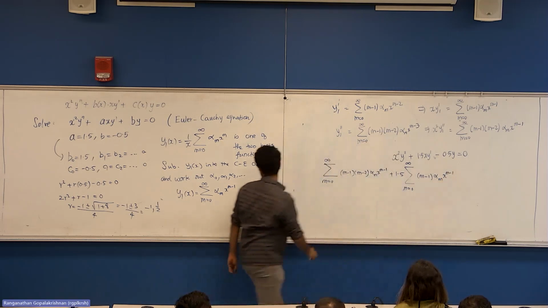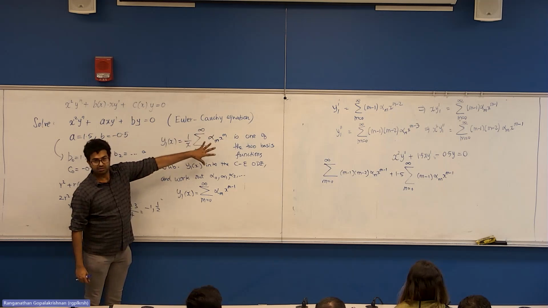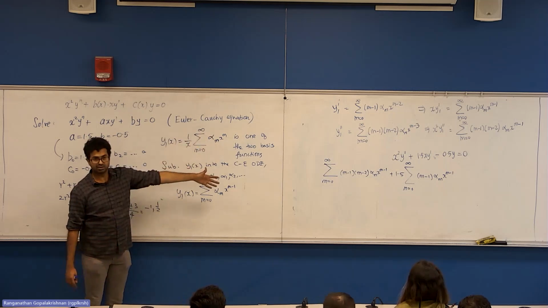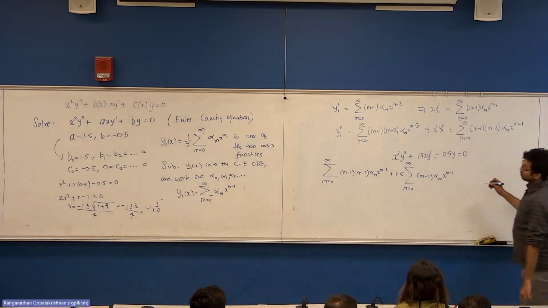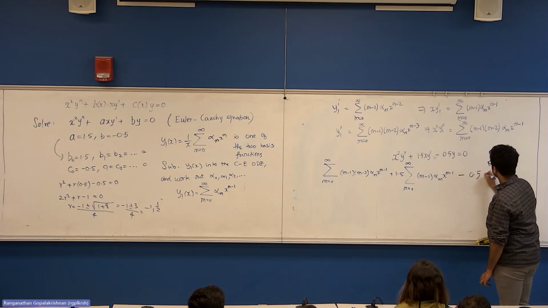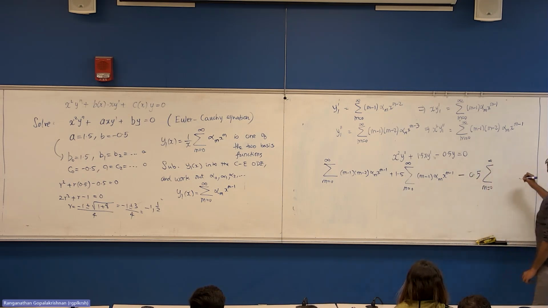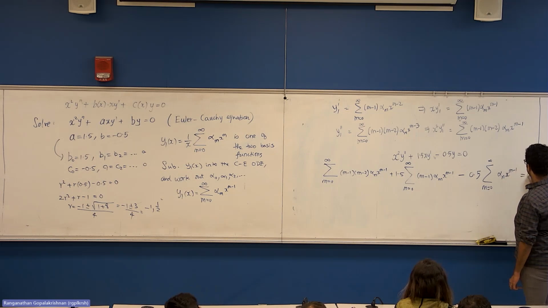Yeah, I could have just stopped here and say all this will just vanish. But you don't know that, right? As yet. That's why we are going through this exercise. Okay. Minus 0.5 times the summation 0 to infinity alpha m x power m minus 1 equal to 0.